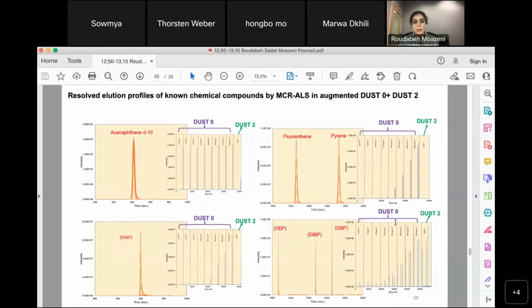And at the bottom right, these 3 chemical compounds exist in dust 2, and you can see these 3 peaks in the resolved area of dust 2. Please go to the next slide.